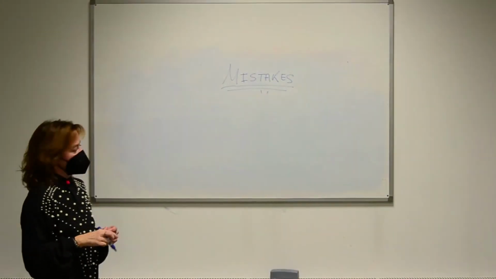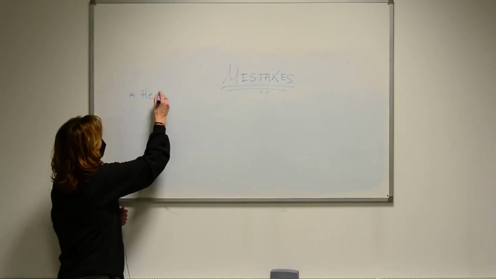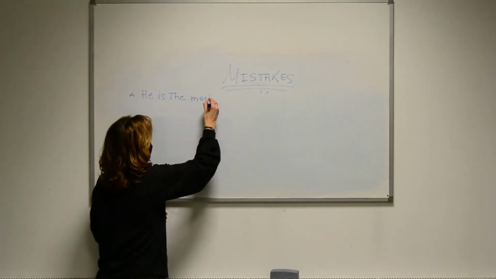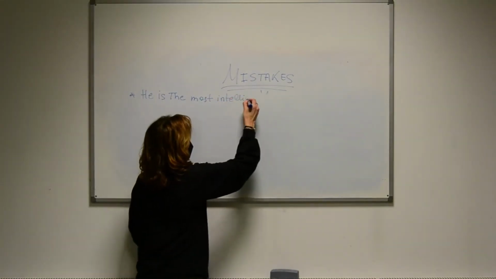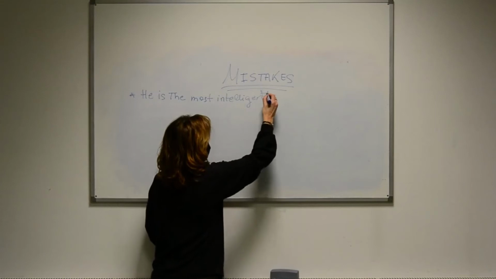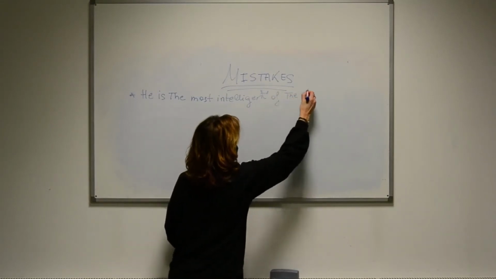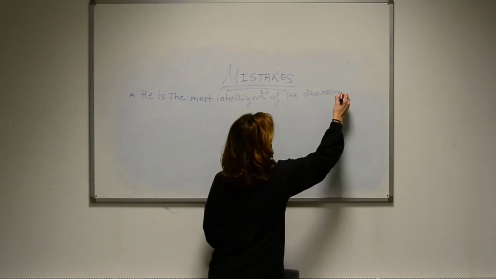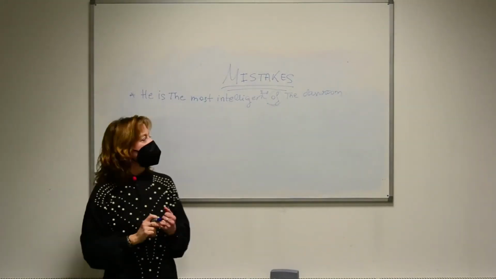Well, more mistakes. For example, if we say, he is the most intelligent of the classroom. Well, of. What do you think? Is it correct or incorrect?